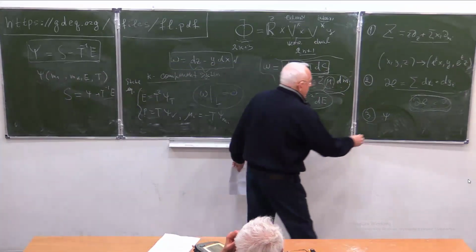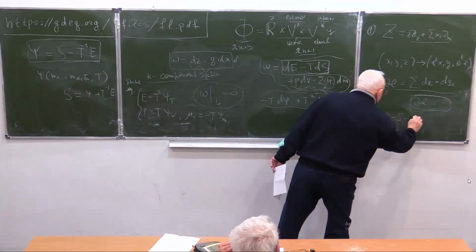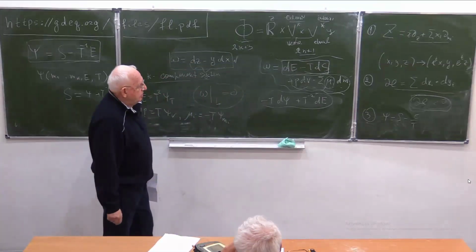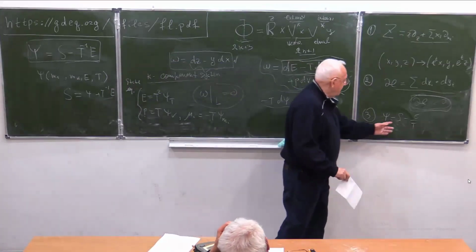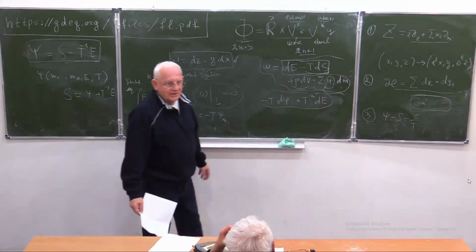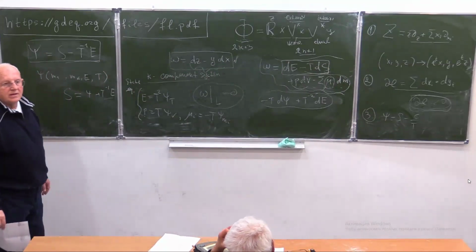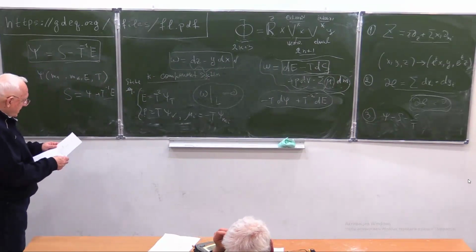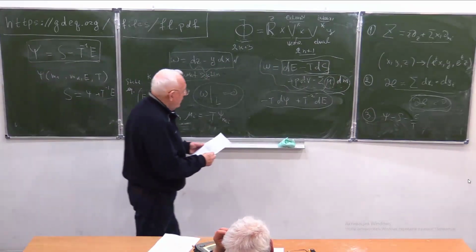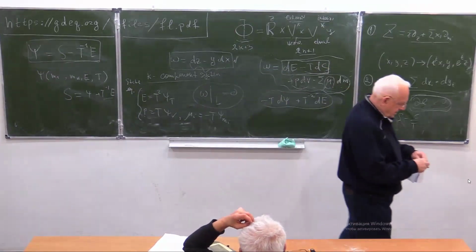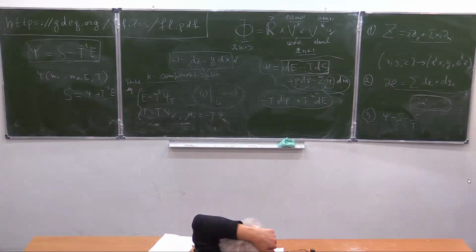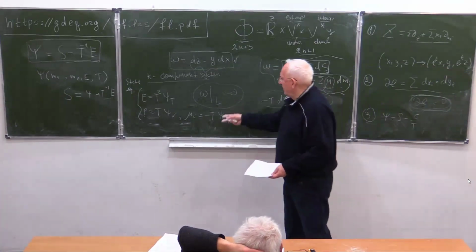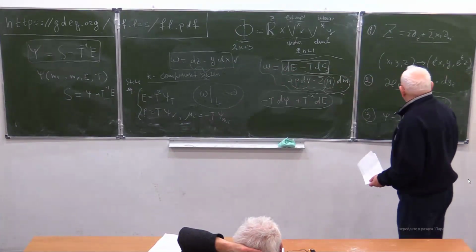That is S minus E divided by T. I don't know why, but in thermodynamics they call this psi free entropy. In what sense is it free? This psi is called free entropy. Okay. And one more remark. This is the way of describing a thermodynamic state: the Legendre manifold given just by this function.